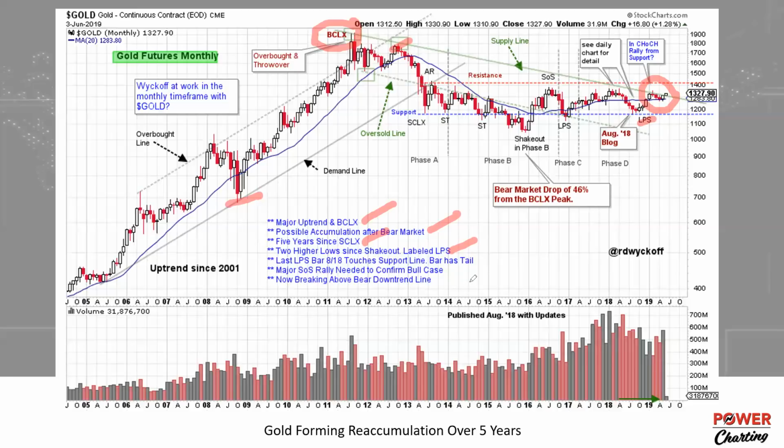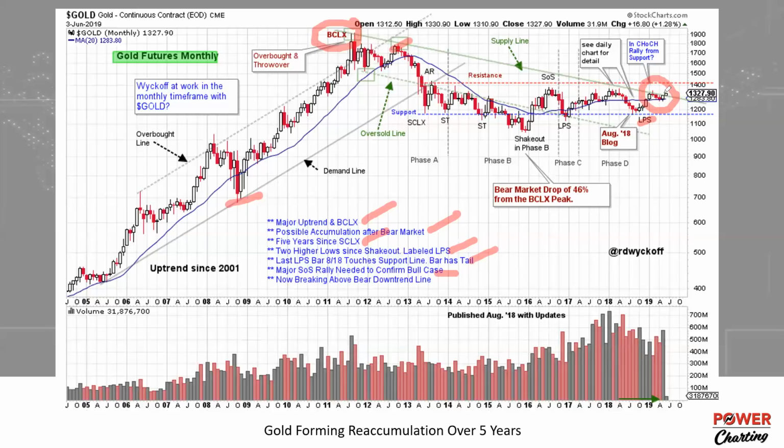And then we have a last point of support, which is on August 18th, which is where we drew that, wrote that blog. And then also we have a major sign of strength rally, which we are looking for and is needed to be able to demonstrate that this market is in a position where it wants to go up.